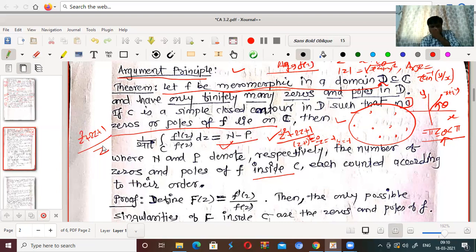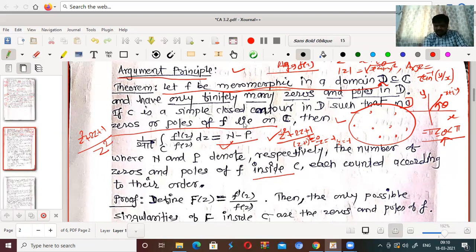This function has a zero at z equal to minus 1 and has a pole at z equal to 0. So the number of zeros is 2 and the number of poles is 1. If I consider it as z square, the number of zeros is 2 and the number of poles is 2, z equal to 0, z equal to 0, and so on. So any function may have zeros and poles.